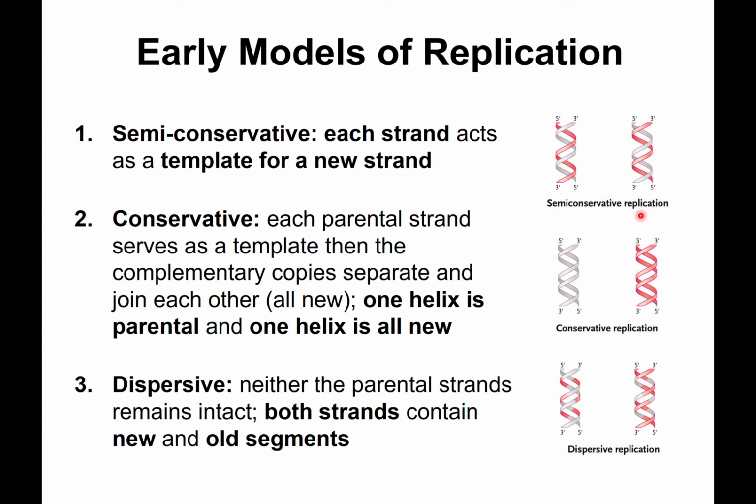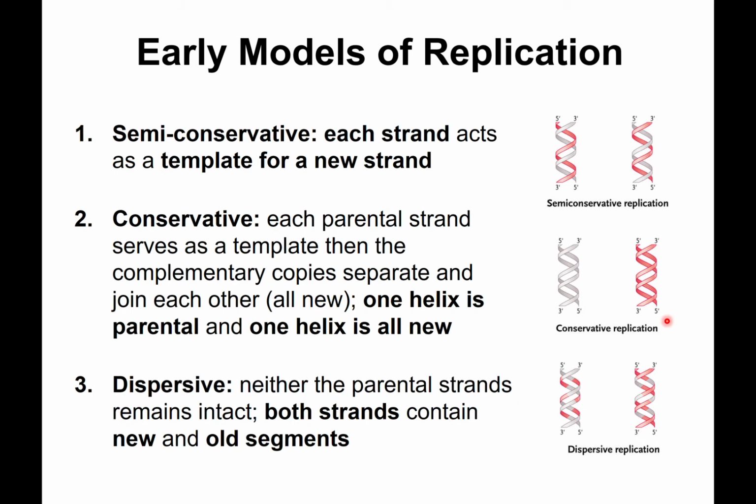So completely different overall. It's very similar to the first one, but different in terms of endpoint. And this is referred to as conservative replication. The third model that you cannot exclude is what is called a dispersive model of replication, or dispersive replication, where in reality, for each molecule, you have the two strands, right?